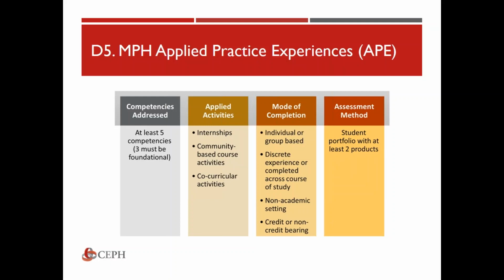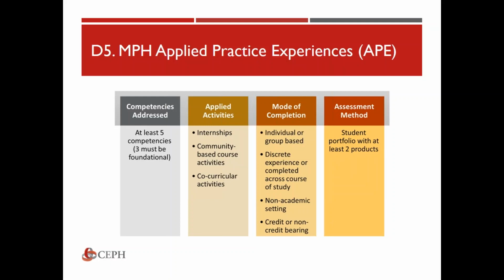So you can see on this slide, there are some specific academic outcomes that students have to achieve, addressing competency attainment in those practice experiences, but they're a little more flexible. They could be individual, or they could be small groups of students. They can be a longer term project, or they can be very discrete types of activities that they're doing in the practice community.